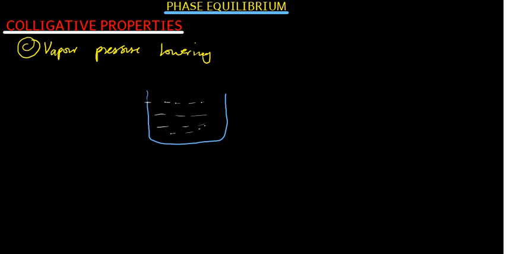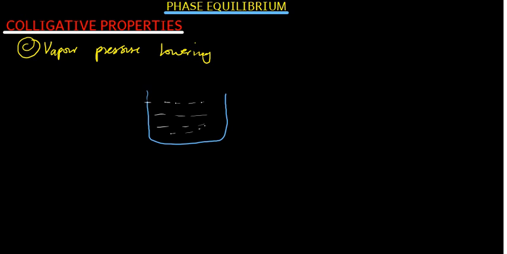Vapor pressure is simply the pressure that converts a liquid into a gas. Really not anything that difficult. So vapor pressure is simply the tendency of a material to change into a gas.